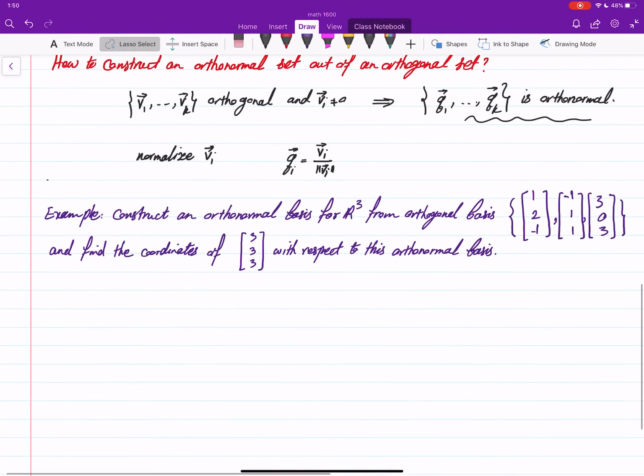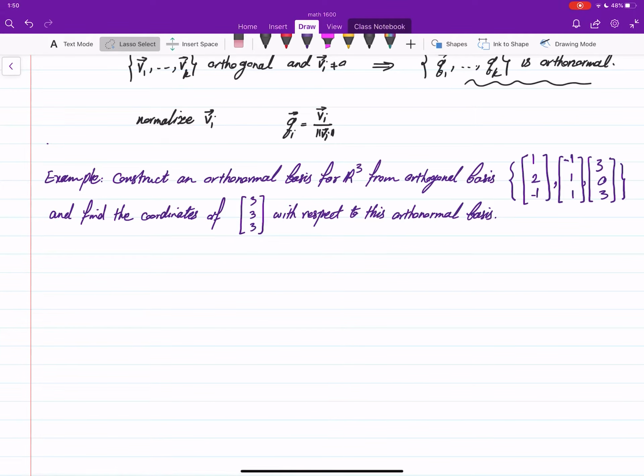We have an orthogonal basis, and we are asked to construct an orthonormal basis out of that. So each one of these vectors we have to normalize.